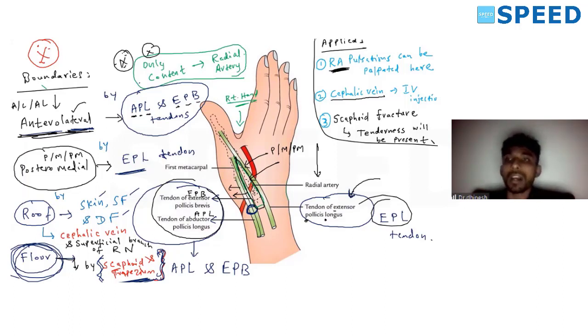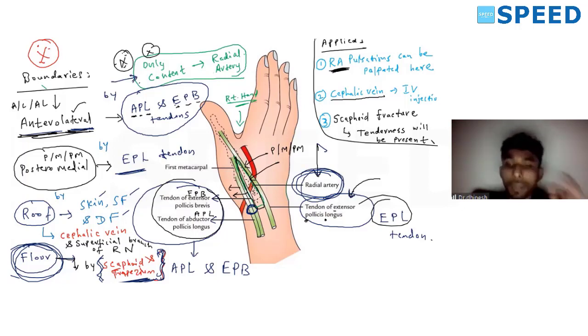And any idea about the only content of the anatomical snuff box? Exactly, the radial artery. The radial artery is the only content of the anatomical snuff box.